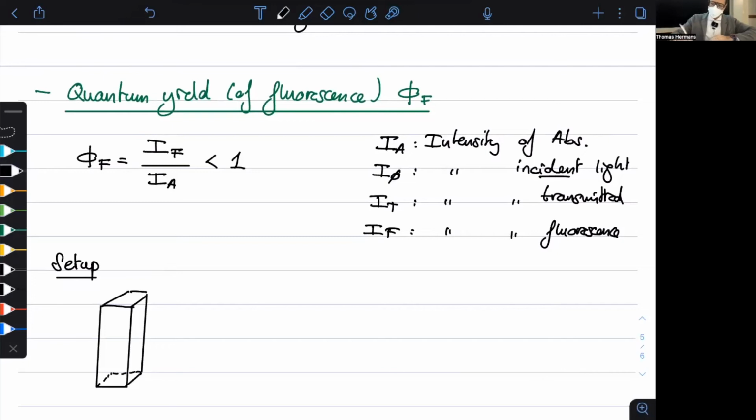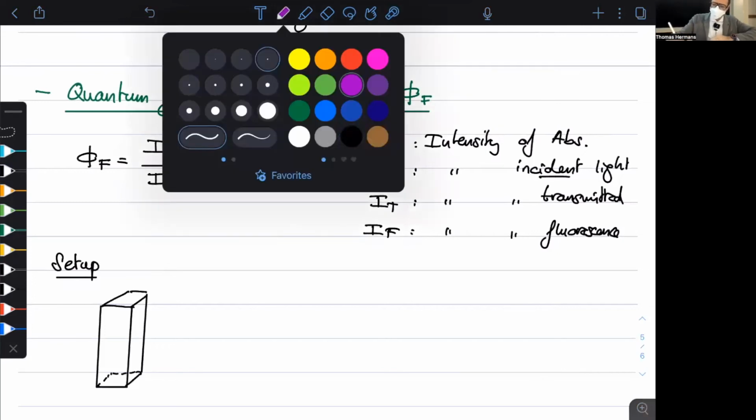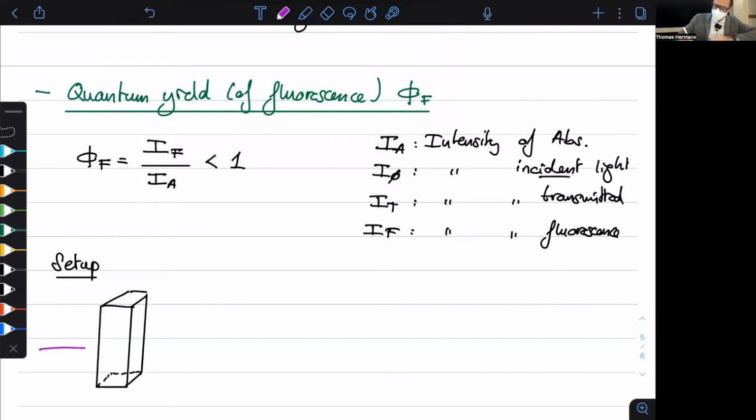So okay, we have the incident light, I0, and that goes into my cuvette, and a fraction of it will pass through, which will be the transmitted light, right? And then I have my molecules that emit light, which is the fluorescence intensity. But as you see in the drawing, the light is emitted in all directions, right?